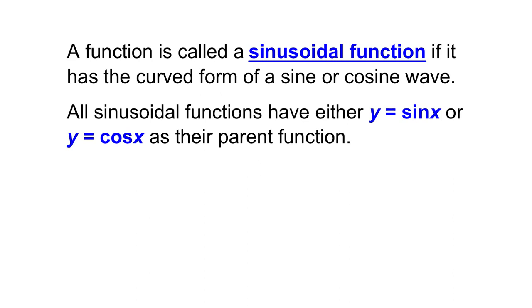So if your graph has a repeating pattern that happens over and over and over again, that's a periodic function. But if that pattern that repeats looks like a wave, like the sine curve or the cosine curve, then it's called sinusoidal. That's how you pronounce that word. So all sinusoidal functions have either y equals sine x or y equals cos x as their parent function.